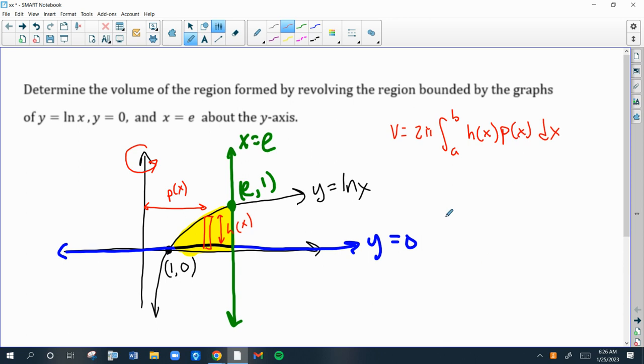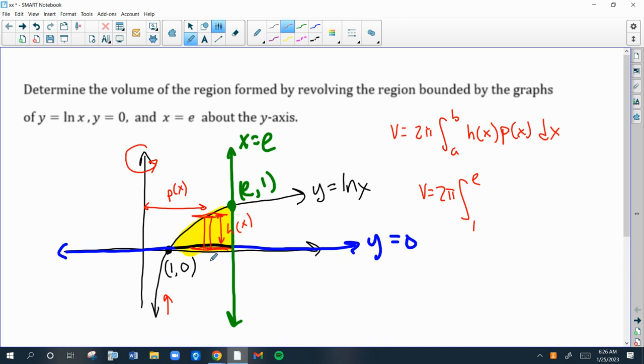So here we go. A to b is the length we're traveling along our shaded region. So we're starting at 1, and this rectangle would end at e. So it's 1 to e. H of x is the height of the rectangle, which is an up and down length, so it's y. You take the top of the arrow point, whatever value of y that is, minus the bottom.